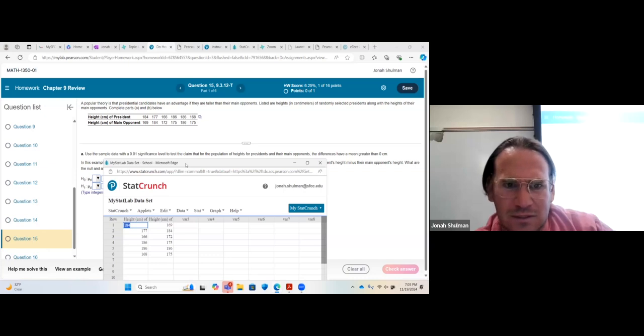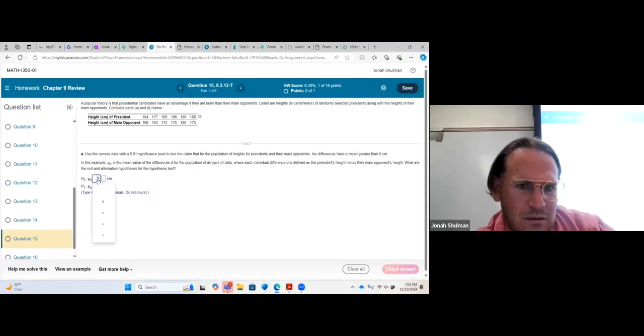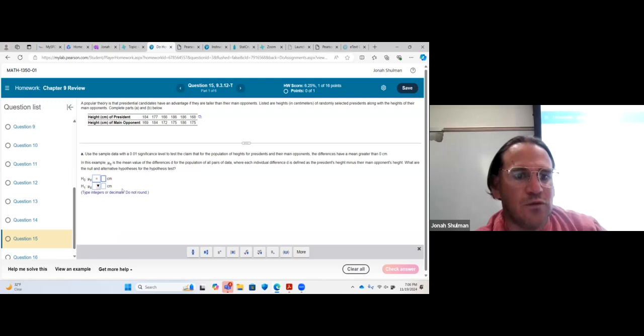Okay, so we're using a 0.01 significance level for the heights of presidents and their main opponents. The differences have a mean greater than 0. In this example, mean D is the mean value of differences. So to me, the null is that the mean difference would be 0 centimeters, that they weren't actually taller.